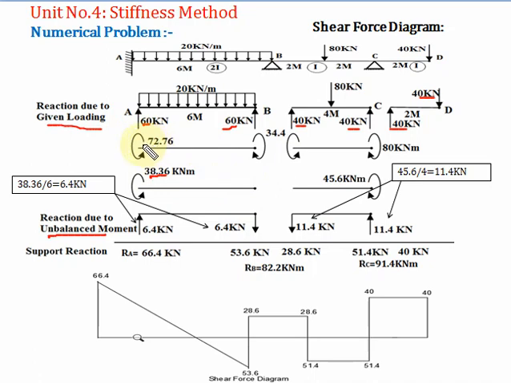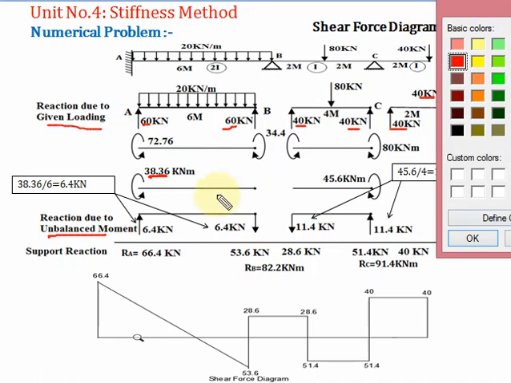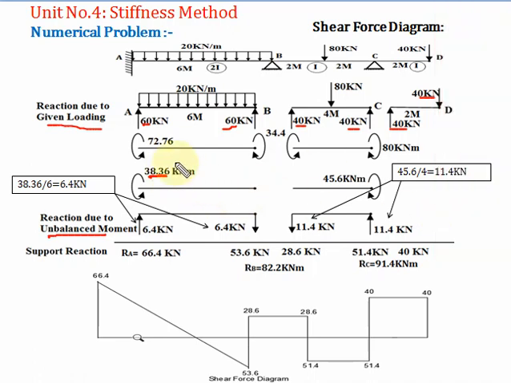This moment is in the anti-clockwise direction, this moment is in the clockwise direction. So 72.76 minus 34.4, we get the value 38.36.